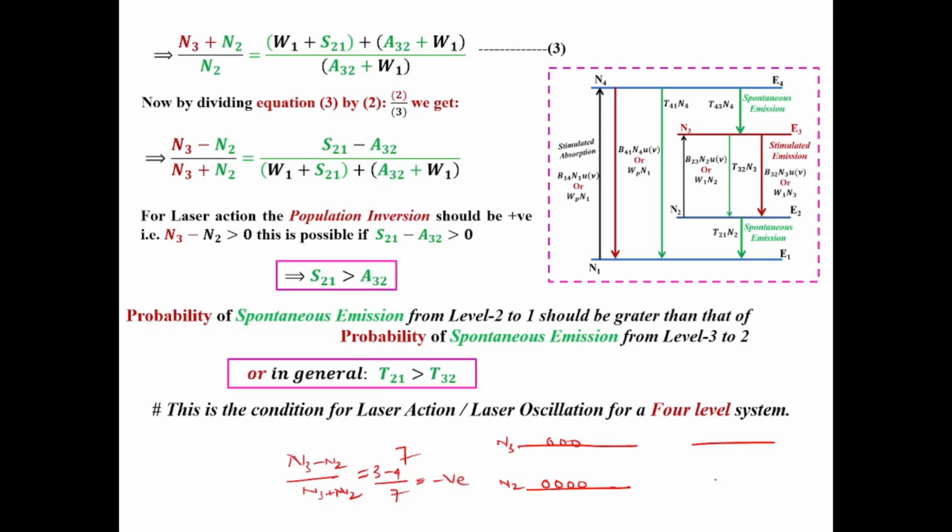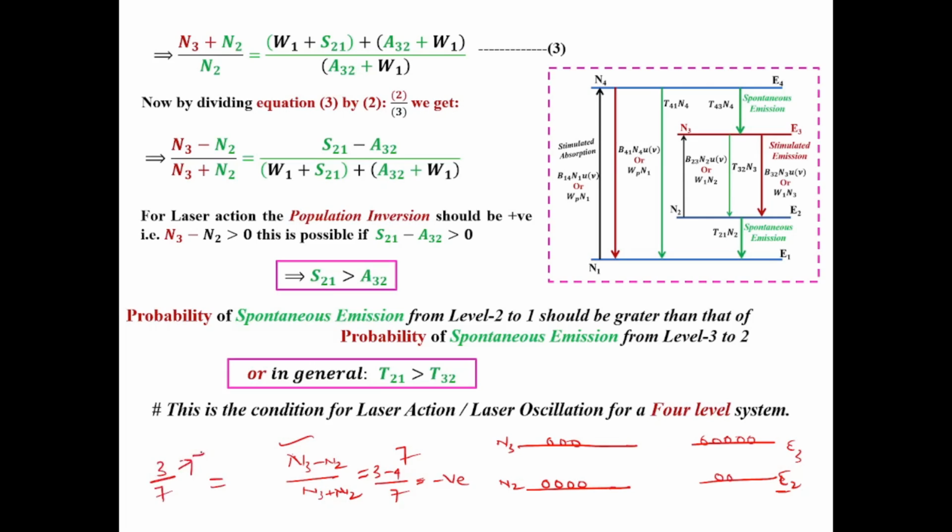Another situation we are going to consider. Suppose 5 atoms in your E3 and 2 atoms in your E2 level. So what will be (N3 minus N2) by (N3 plus N2)? It will be 5 minus 2, 3 by 7.